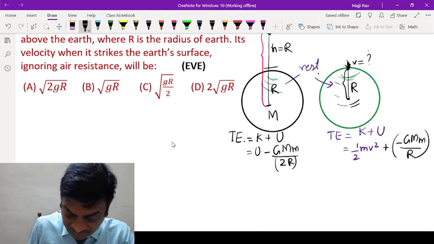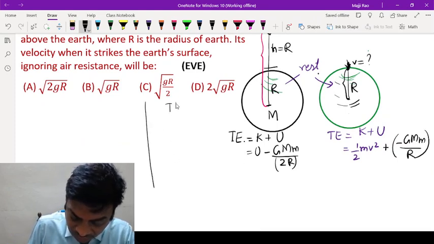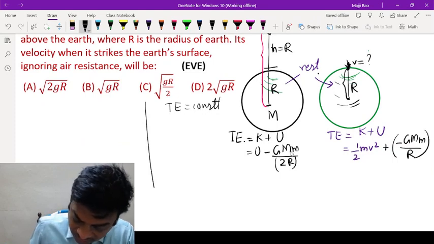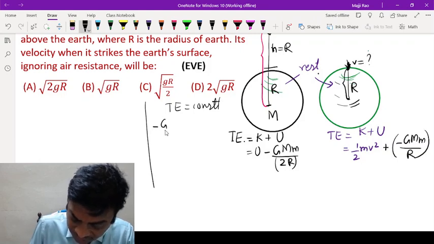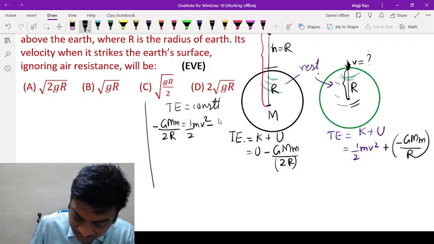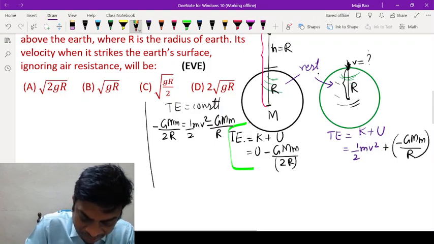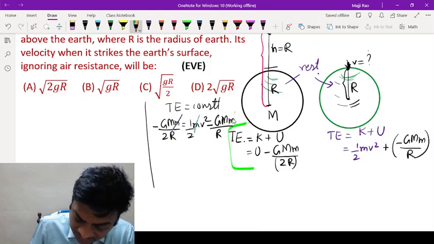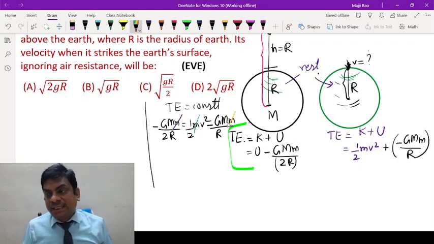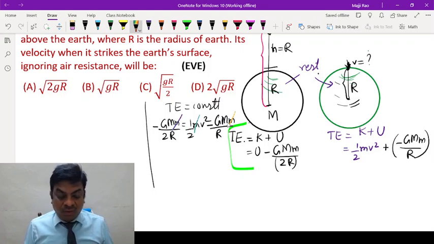So we can equate as per the law of conservation of energy, total energy remains constant. So when we equate this, we have minus GMm by 2r is equal to half mv square minus GMm by r. Small m gets cancelled here. So always remember, while solving a mathematical equation, try to cancel out whatever can be cancelled.